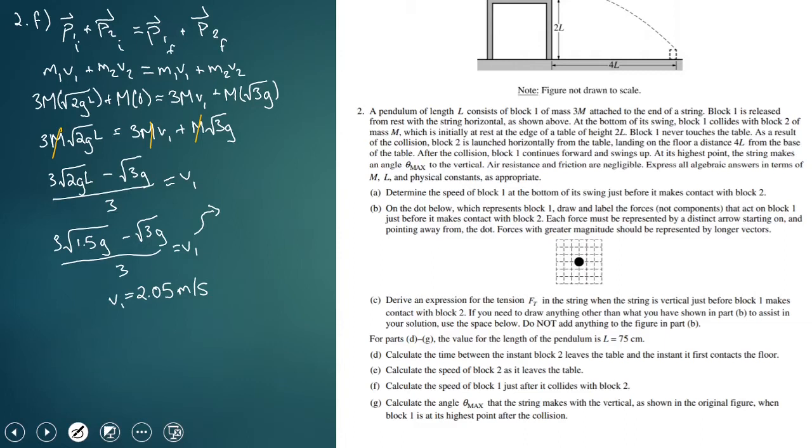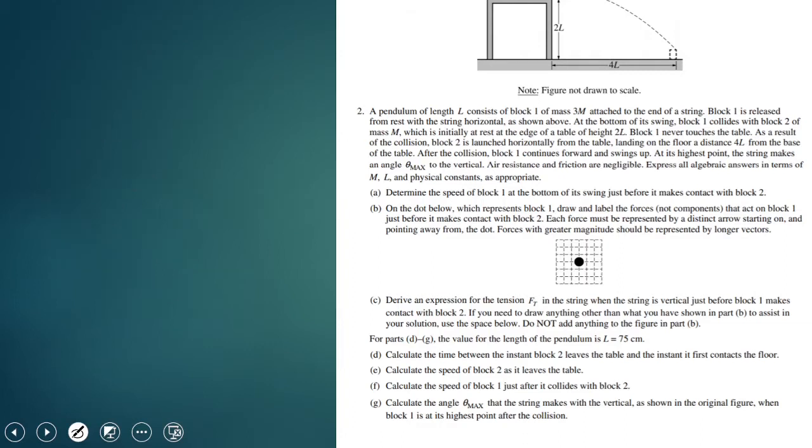But overall, what I would leave it as is the square root of 1.5g minus the square root of 3g over 3. That would be my expression for v1. And that should be exact enough to get you full marks.